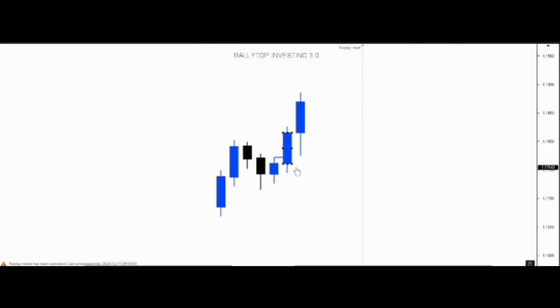Now, how do you capitalize on that information to take trades on the lower time frame? Like I said in that last upload, for example, this is a bullish candle. It opens below here and closes here.